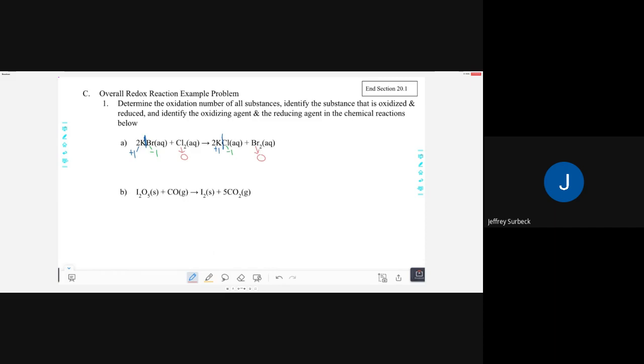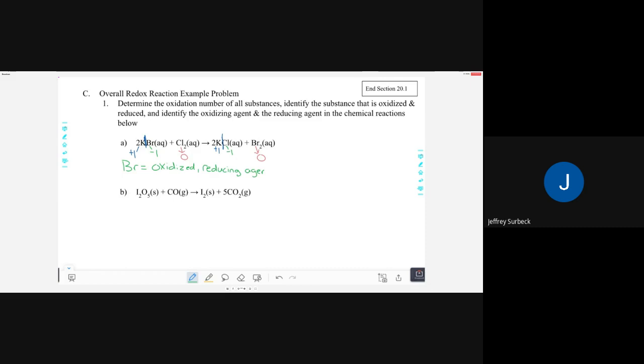So, did it get more negative or more positive? More positive is associated with K. So, I'm going to put this. Our Br is oxidized because the charge gets more positive. Now, if it's oxidized, there you go, very good. It is the reducing agent, yes.